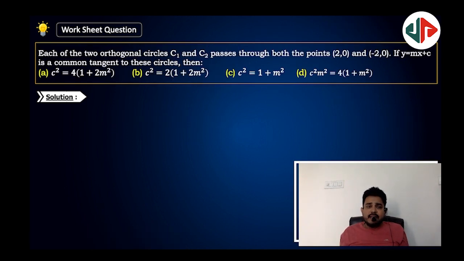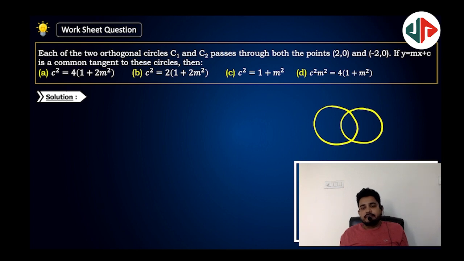Two circles are orthogonal to each other, and this is the common tangent. So the line joining the centers will be the perpendicular bisector of this.